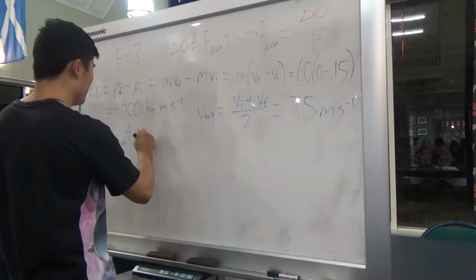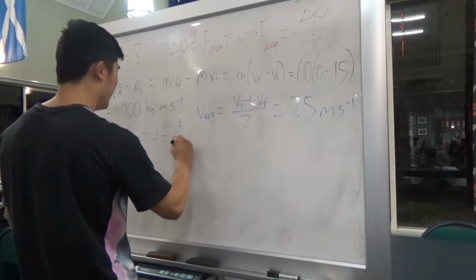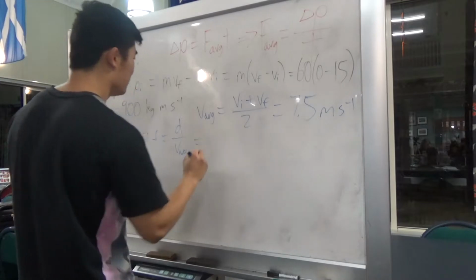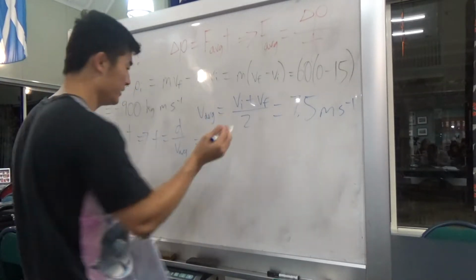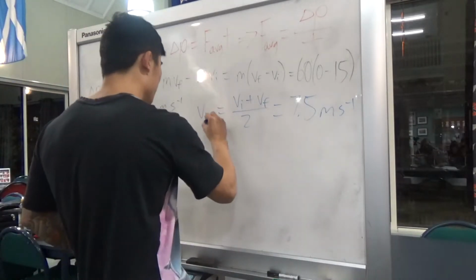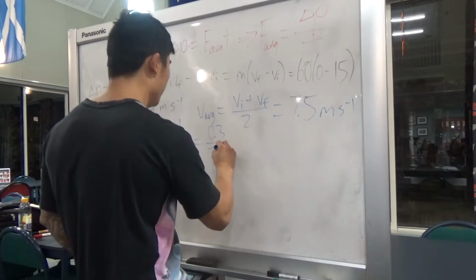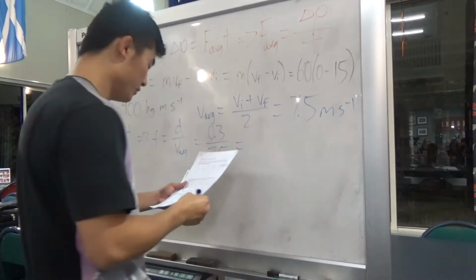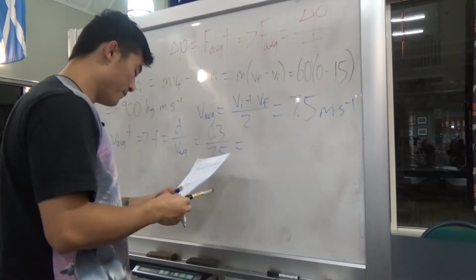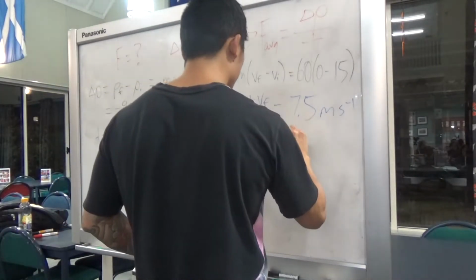So here we're looking for the time, so we're going to rearrange for time. Time is equal to d over v average, which is, the distance we were told is 0.3 meters, and the average velocity was 7.5, so that's 0.04 seconds.